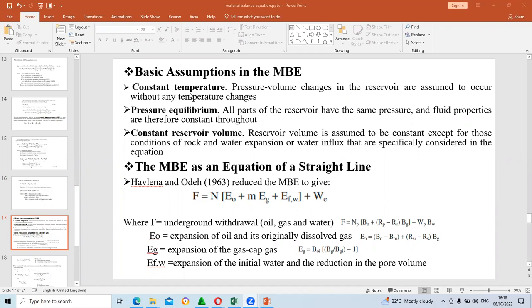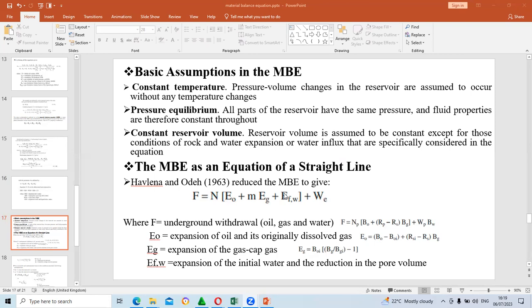That we have constant temperature, and we have pressure equilibrium. All parts of the reservoir have the same pressure, and fluid properties are therefore constant throughout. Of course, that can never be possible. So we are just saying that in most cases, these are the assumptions you're going to use to make sure that this formula becomes valid. Because if you don't use these assumptions, the formula will not be valid.